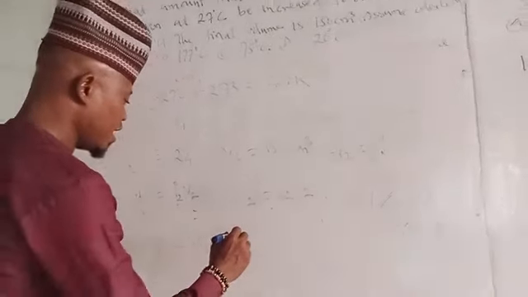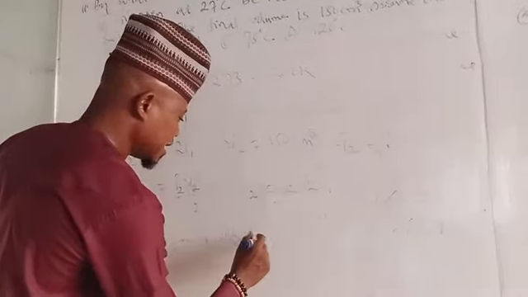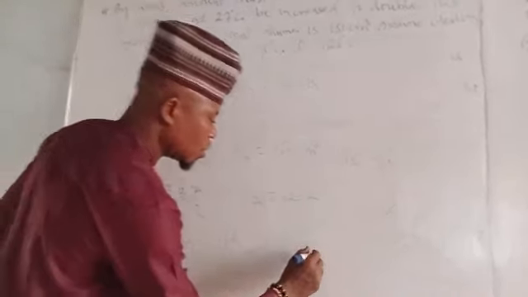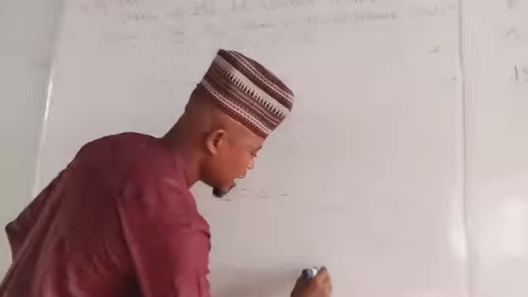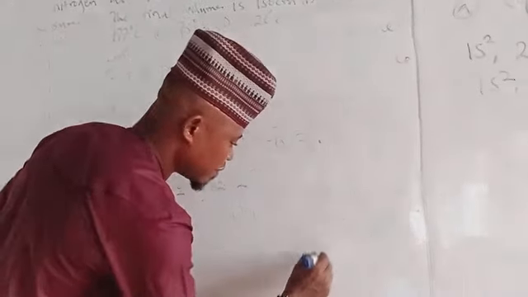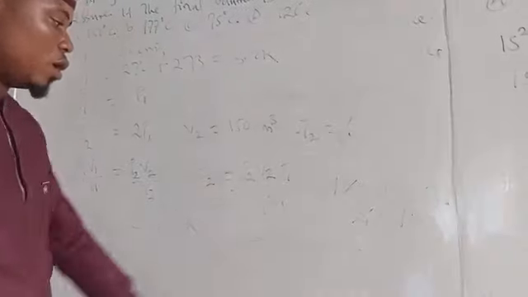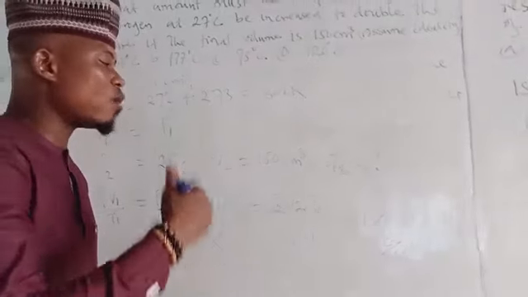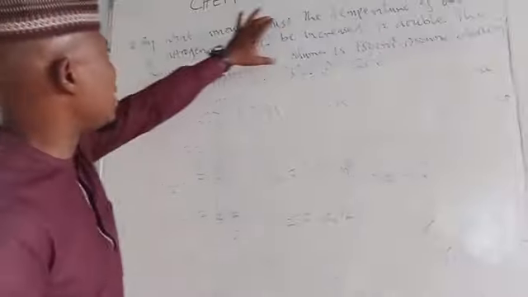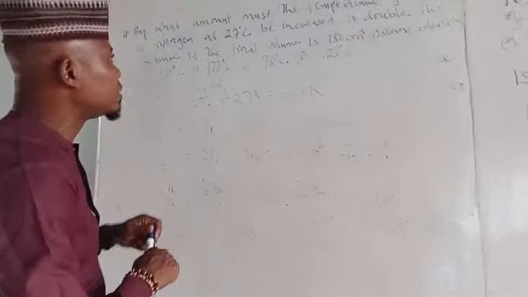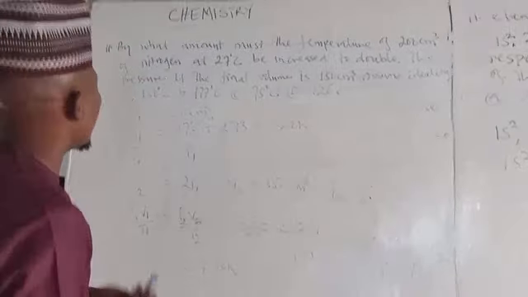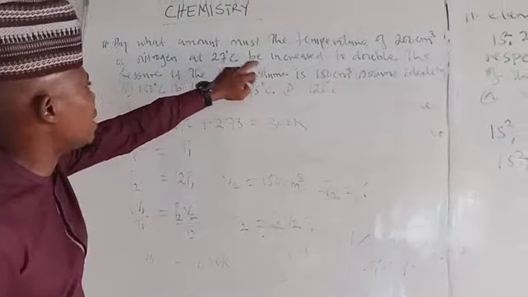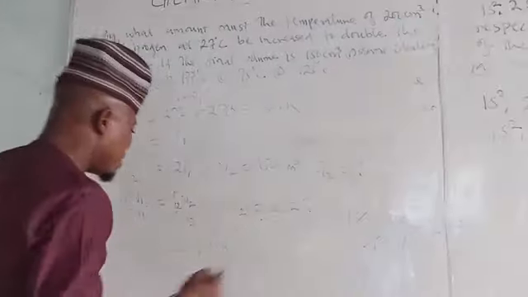Now from 450, we subtract 273 Kelvin to get the temperature in Celsius, and that will be 177 degrees Celsius. So this is our T2. But the question is not T2. It's by what amount must the temperature of the nitrogen at 27 degrees Celsius be increased? So from 27, by what amount must the temperature be increased? So the amount is going to be what?